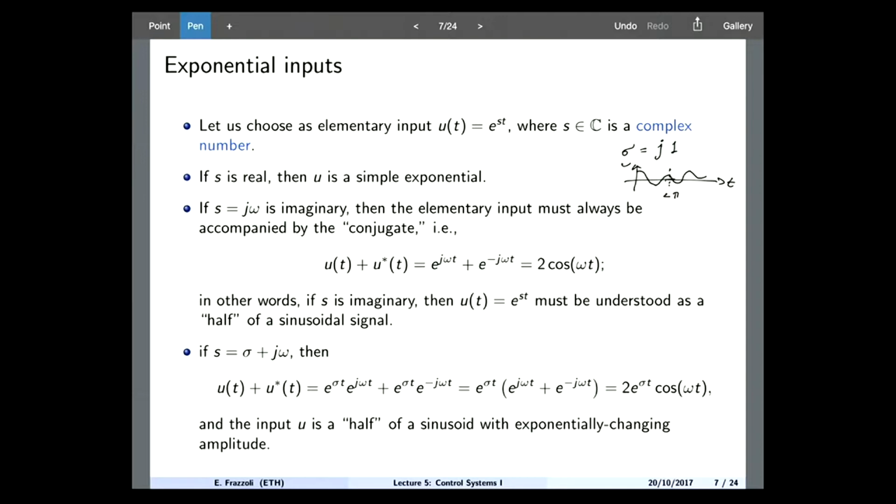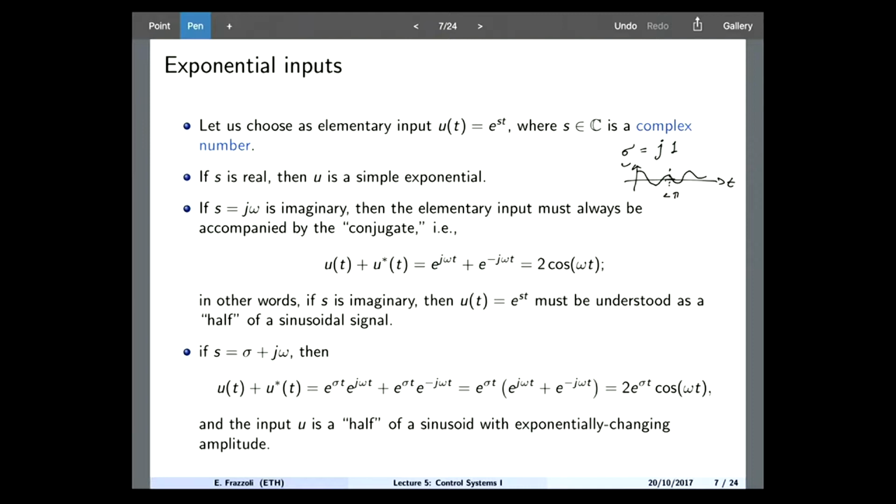Yes. What is half the sinusoid of the signal? Yeah, because I cannot say that u is equal to e to the power jt, right? Because that would be a complex number. So I cannot choose that. If I want to apply that particular input, I also have to apply the complex conjugate input.